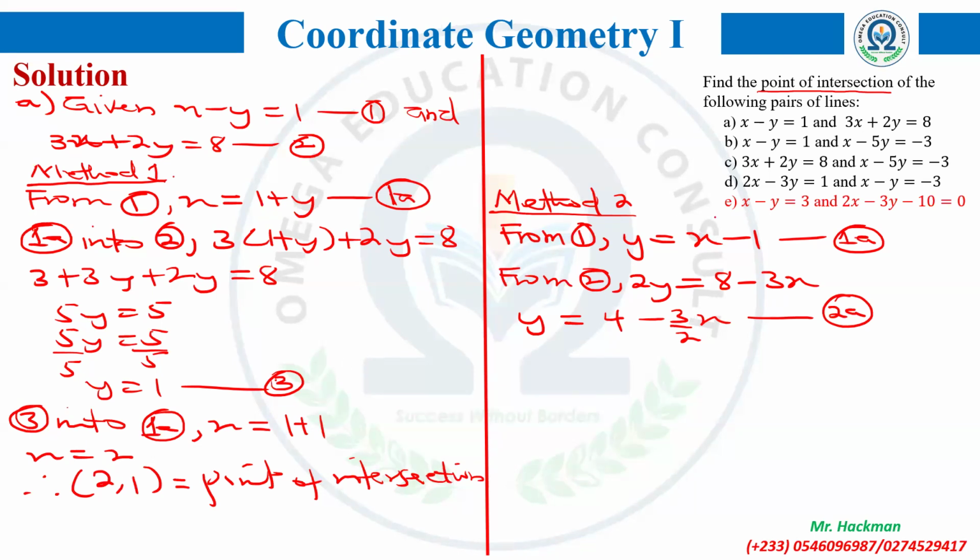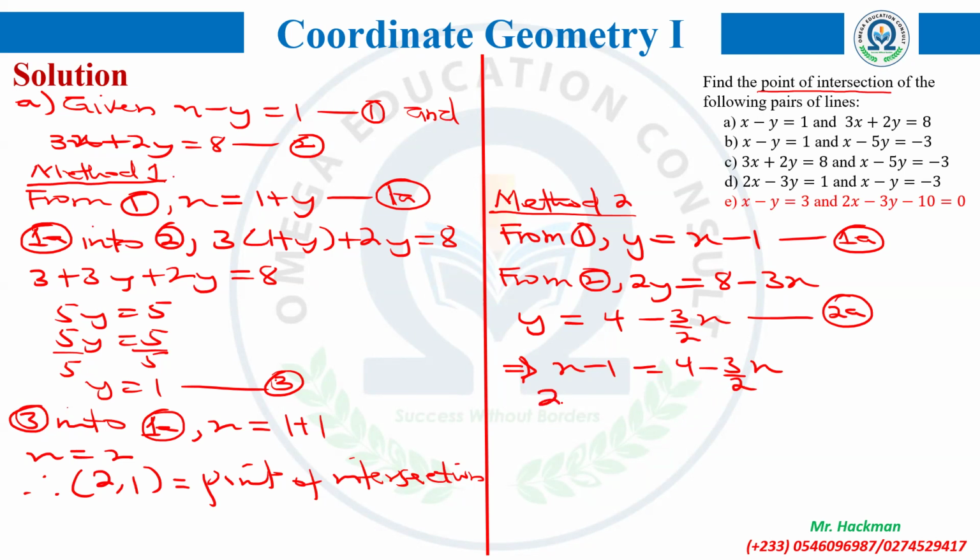Okay, so at this point, this implies that I'm going to equate the two. So x minus 1 will be equal to 4 minus 3 on 2x. So what do we do? Clear the fractions. There's an equation in only x. We are going to solve for x. Clear the fractions, so each of the terms times the LCM, which will be 2.